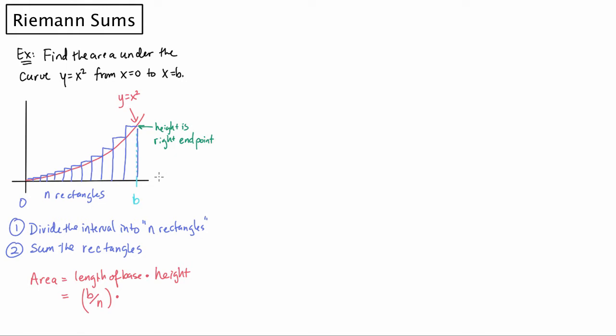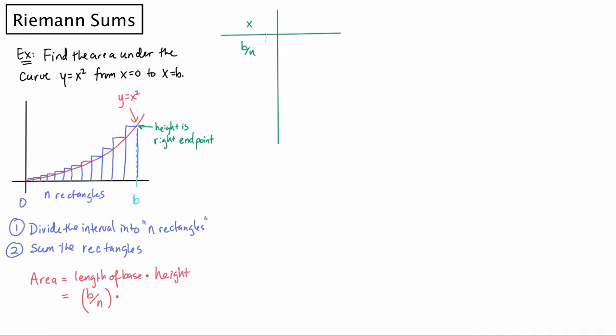So the best way to go about this is to look at it in a table for each piece. So here we have a table. We're going to look at different x and y values. So we're going to start with the very first x value. The first one is b over n. That would be the first place where we would see a rectangle.